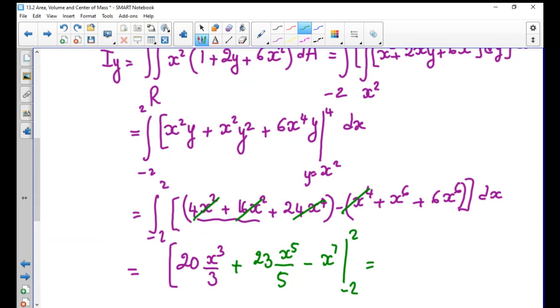By the way, notice that these powers are all odd: x cubed, x to the 5, and x to the 7. So find the value at 2 and then multiply it by 2, because this is 2 and minus 2. So just substitute with 2, and then whatever your answer is, multiply it by 2 and see what happens. Anyone? Can you do the calculation?